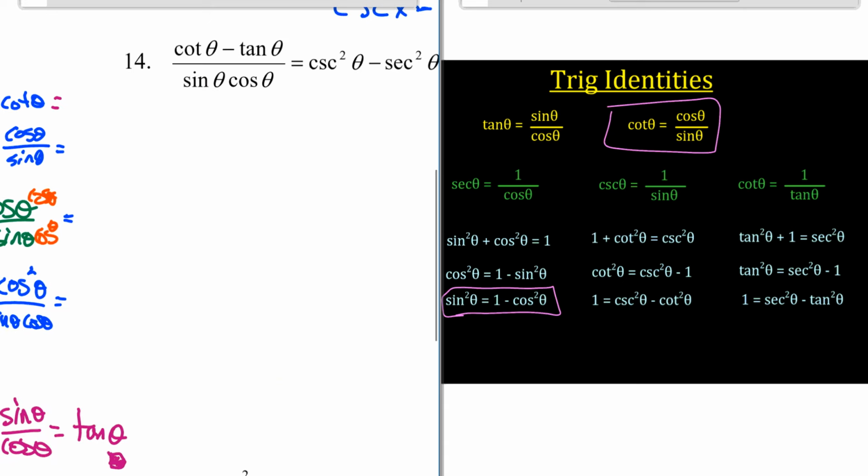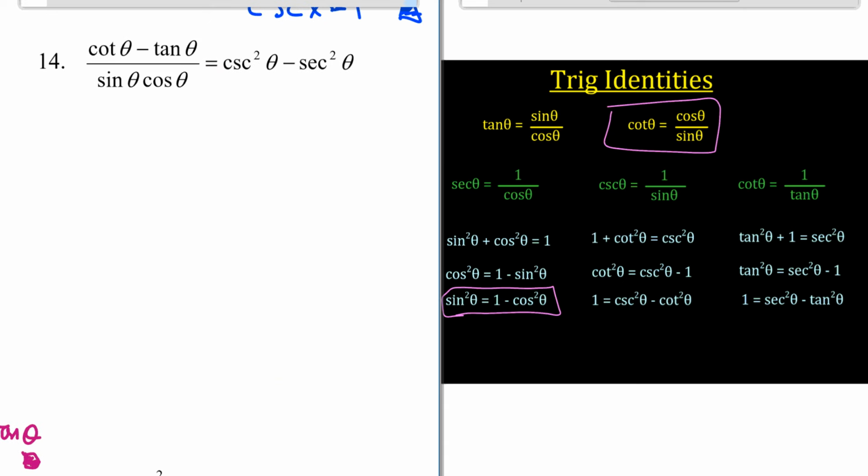All right, number 14. So, man, this one can be a little bit tricky. You can work with either the left side or the right side, whichever one you want to work with. I think either one would be fine. But I'm going to try to use that trick that we talked about.